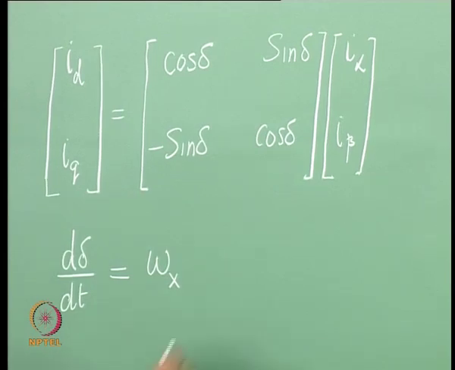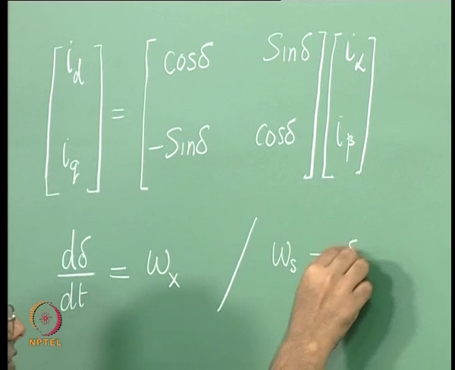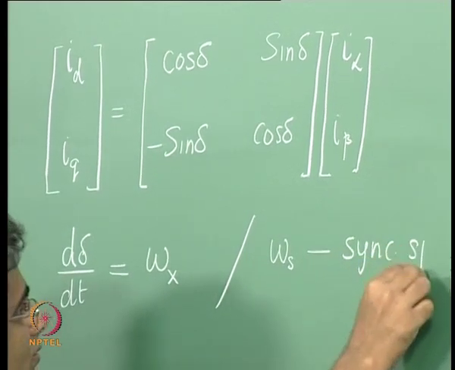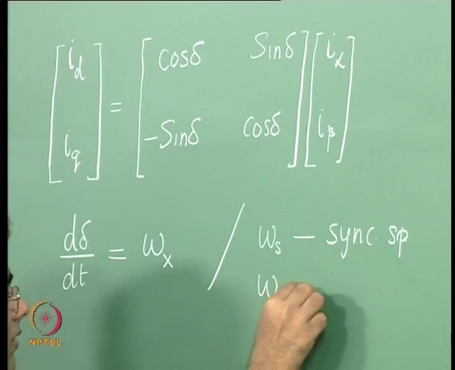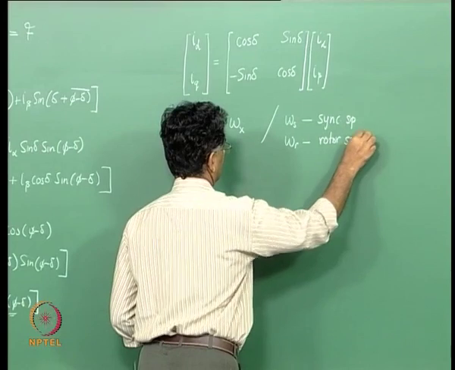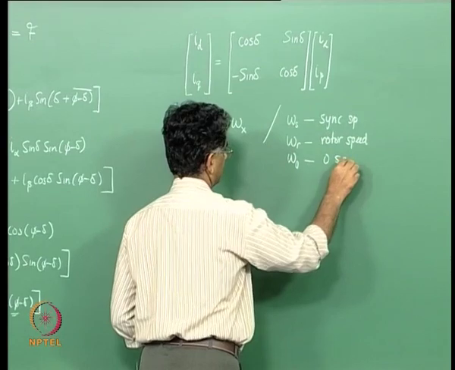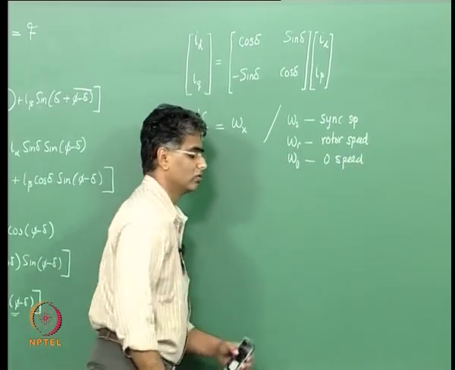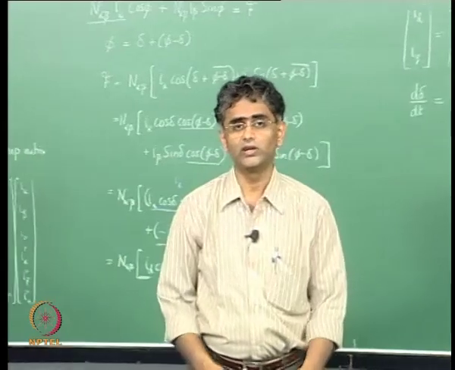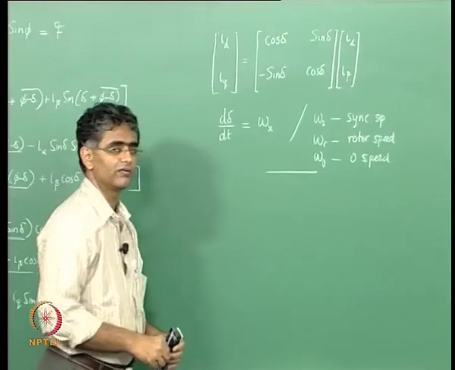In general, the useful values of speed are: it could be omega s, which is the synchronous speed, it could be omega r, which is the rotor speed, it could be omega 0, which means 0 speed. These are three useful values that are usually considered in the literature. Let us look at what is the implication of this kind of referring.